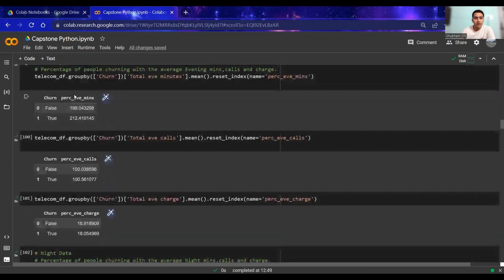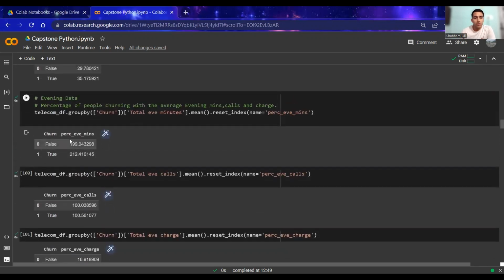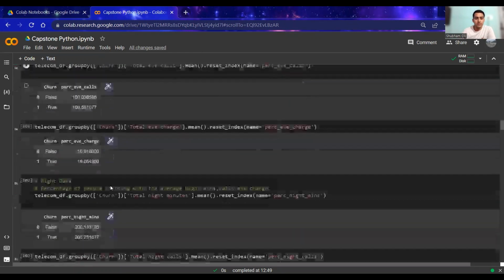And for evening data, for percentage of evening minutes, evening calls, and evening charge, these are the average of minutes and calls those customers have given. True means these customers have churned, and false means these customers didn't churn. This is the average, or we can say mean, of these minutes, calls, and charges.